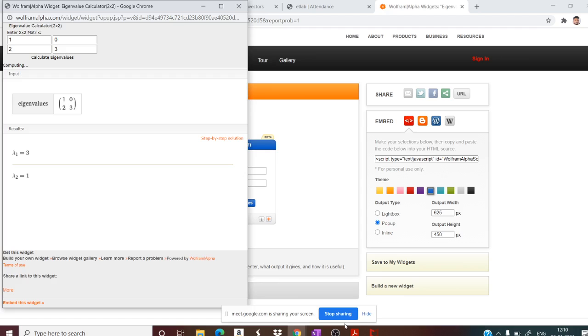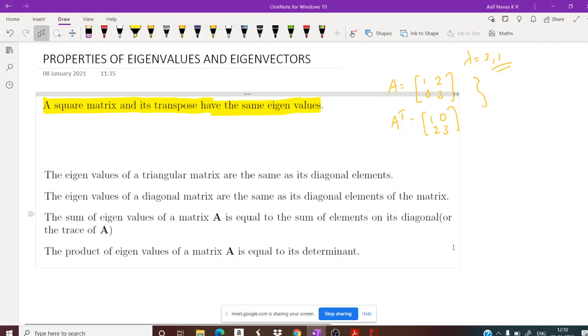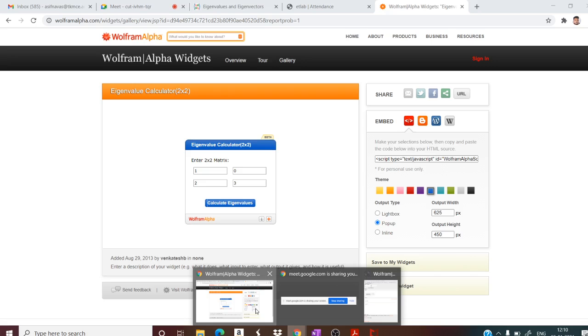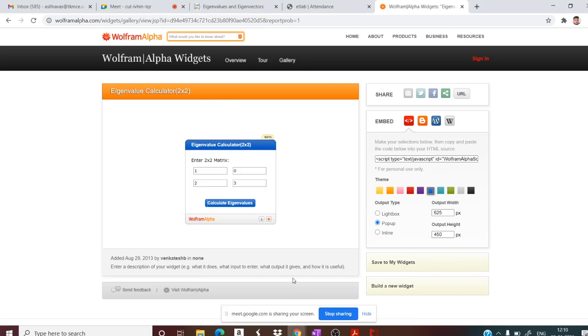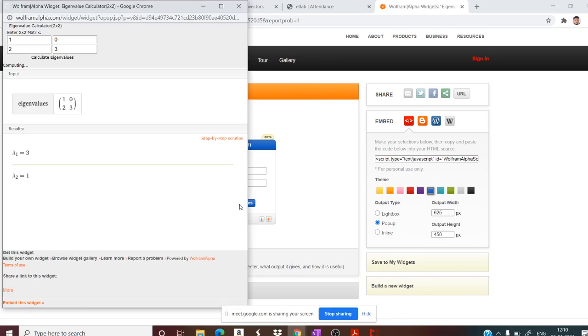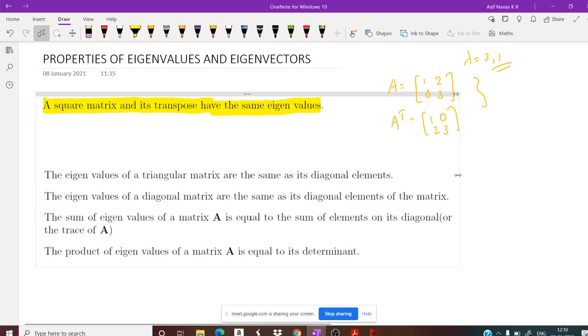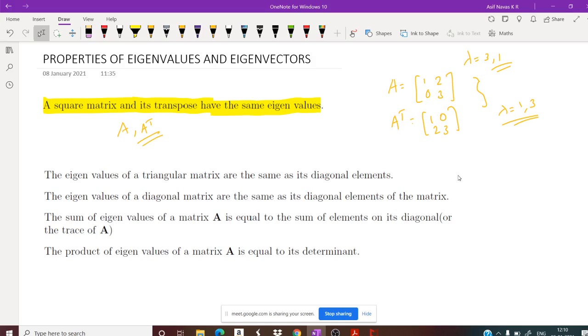If you calculate, the eigenvalues here are also 1 and 3. So that means if you have a square matrix A, A and A transpose have the same set of eigenvalues.